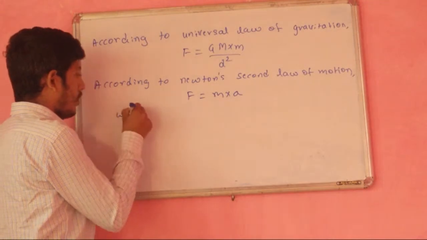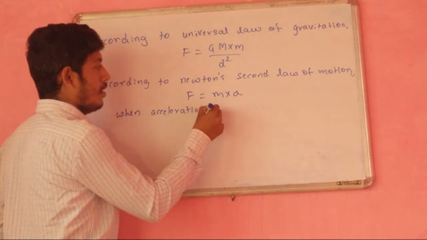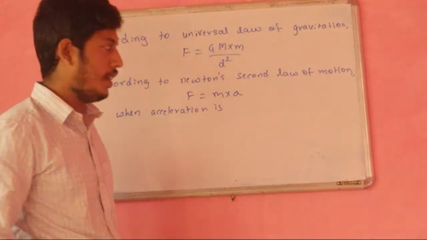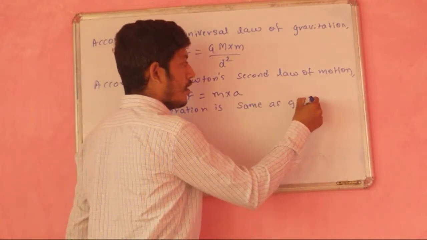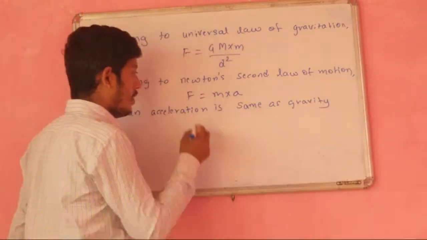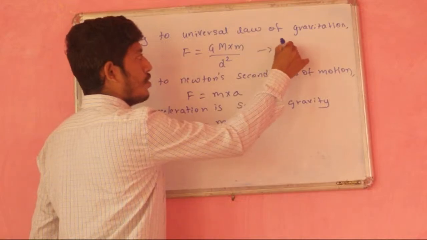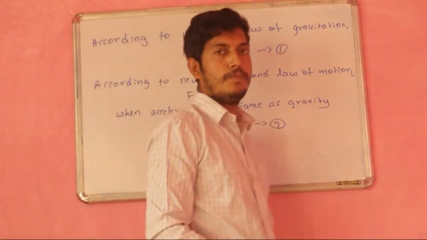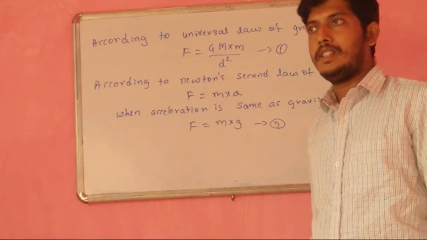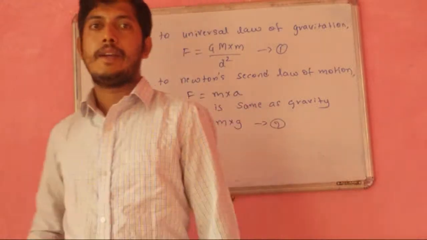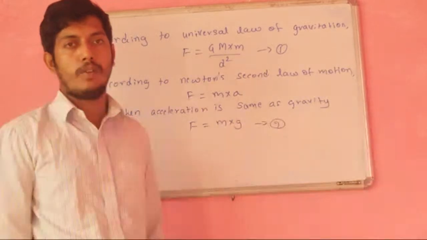When acceleration is the same as gravity, this expression becomes F equals m into g. I'll call this equation number 1 and this equation number 2. Both left hand sides are equal to capital F, that is force. And according to the axioms, if two things are equal to the same thing, then those two things are equal to each other.